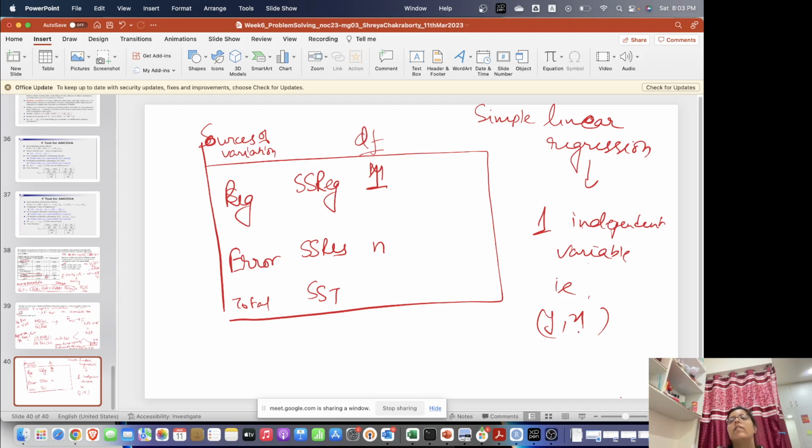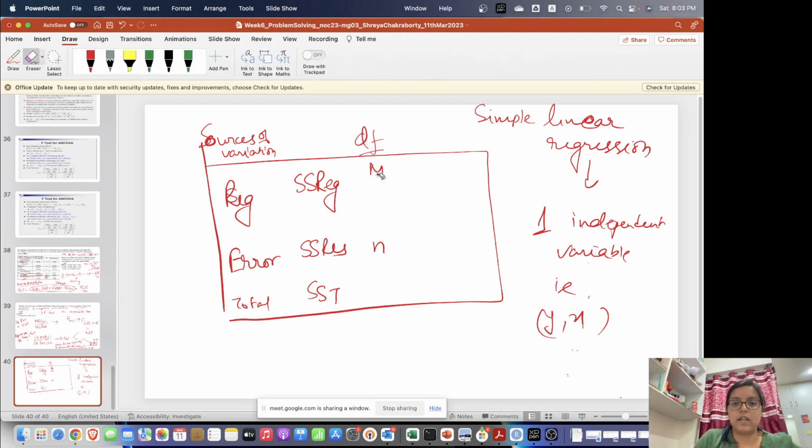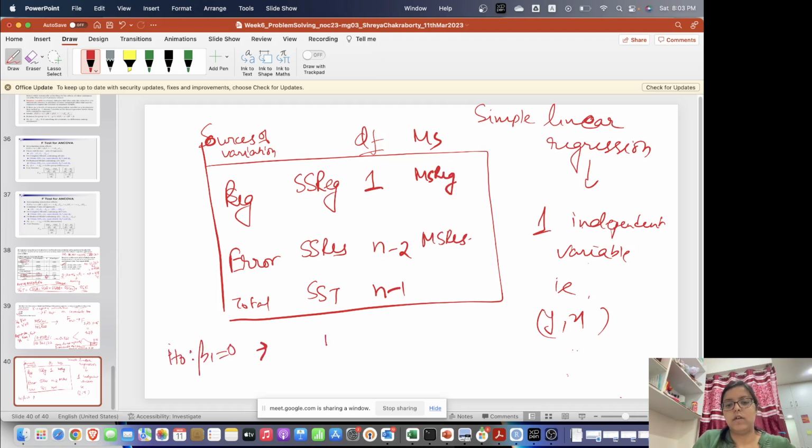If there are multiple independent variables, more than one X, then that will be a multiple linear regression, and then the degrees of freedom will change. But for the time being, we'll just concentrate on a simple linear regression, and the degrees of freedom will be 1. This will be n minus 2. This will be n minus 1. Then we would have MS regression, MS residual, and to test H naught beta 1 equal to 0, we would use MS regression by MS residual.